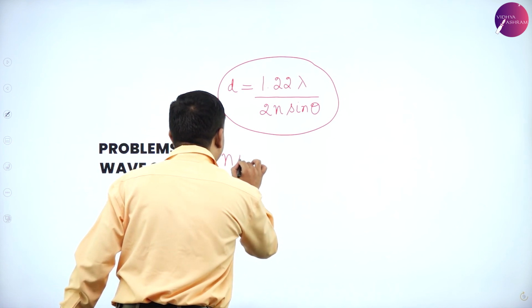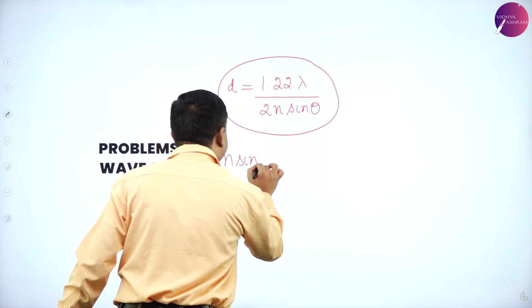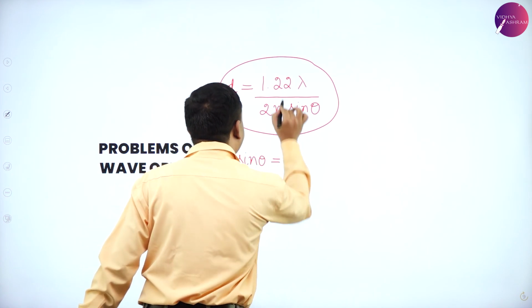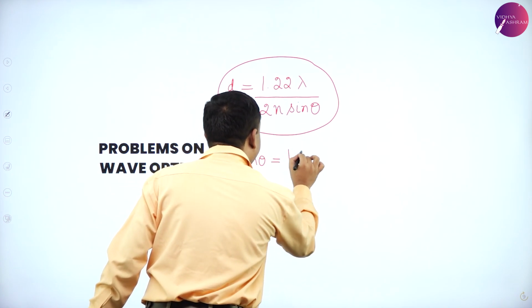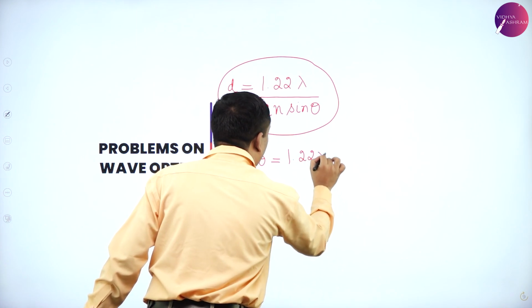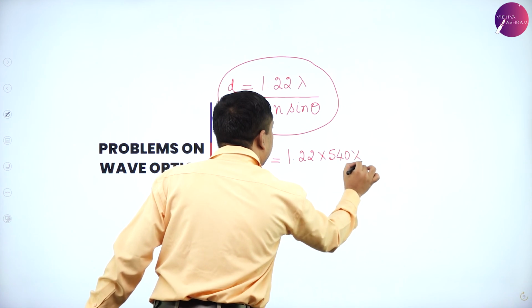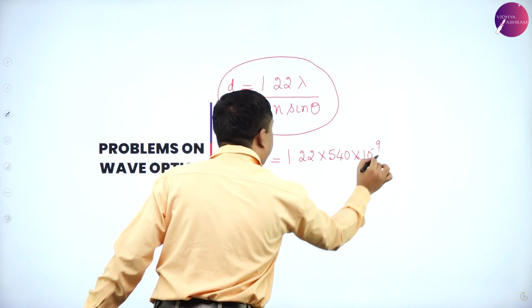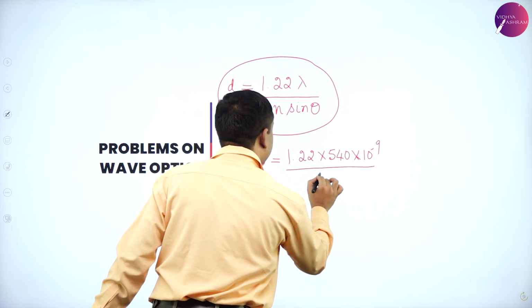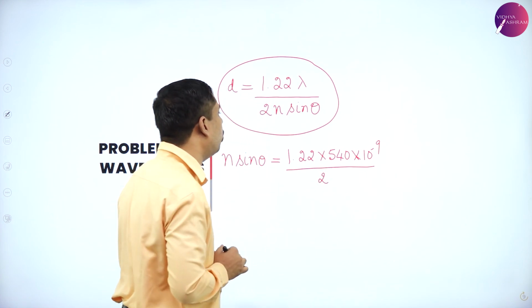So n sin theta is 1.22 into nearly 540 into 10 power minus 9 divided by 2.